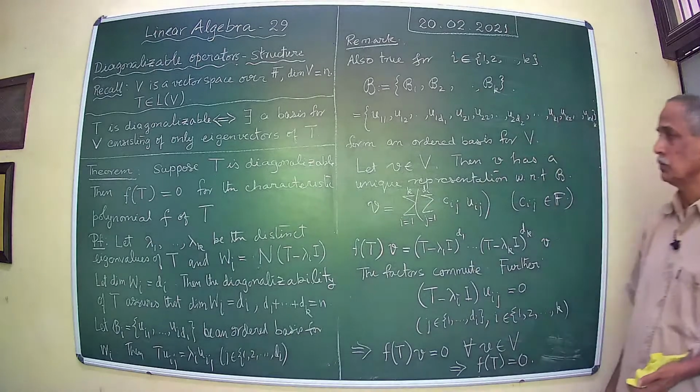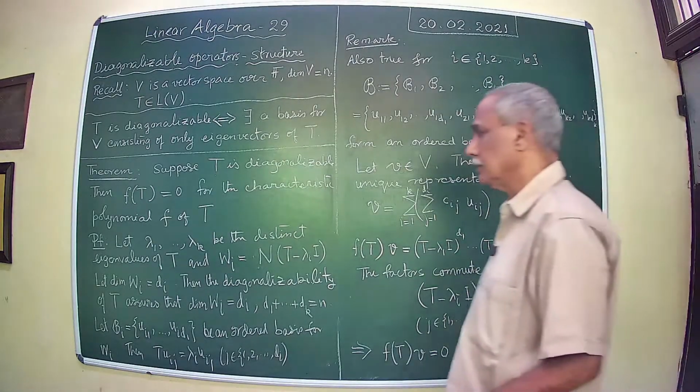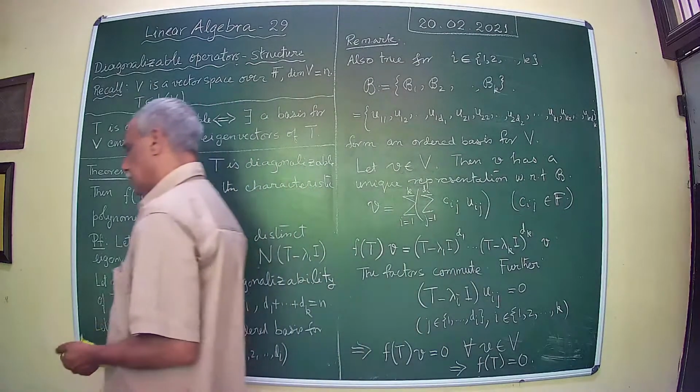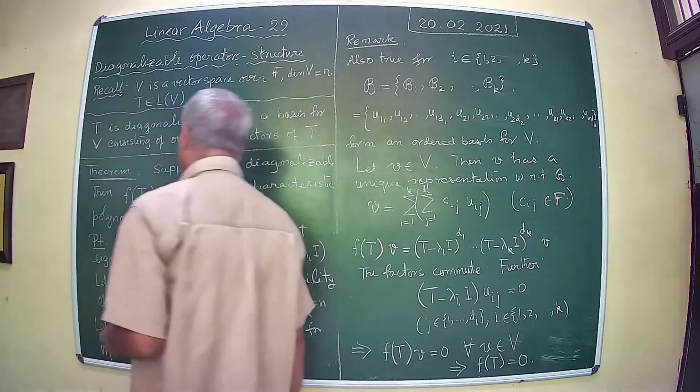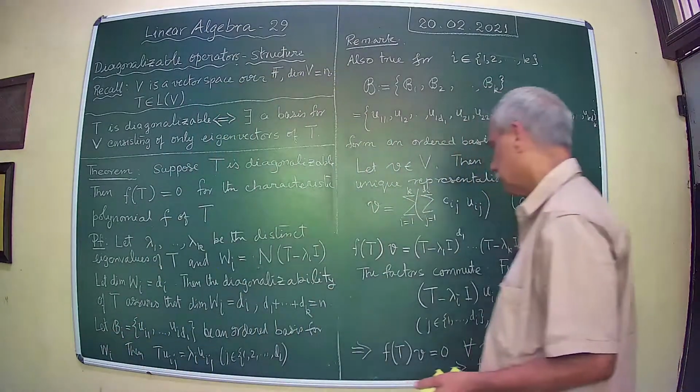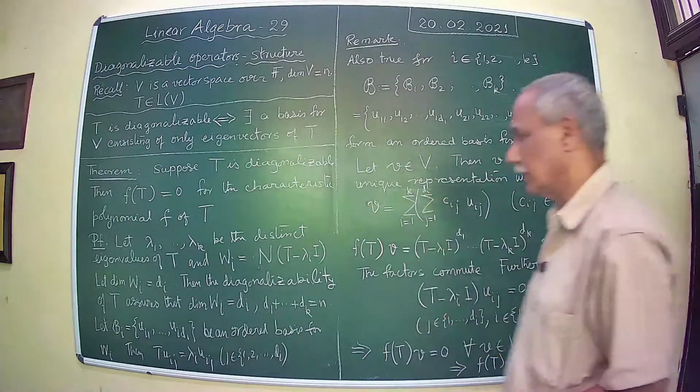So what we have proved is that if T is diagonalizable, then for the characteristic polynomial f, f(T) is equal to 0. Okay, right? Where f(T) is defined in this way.